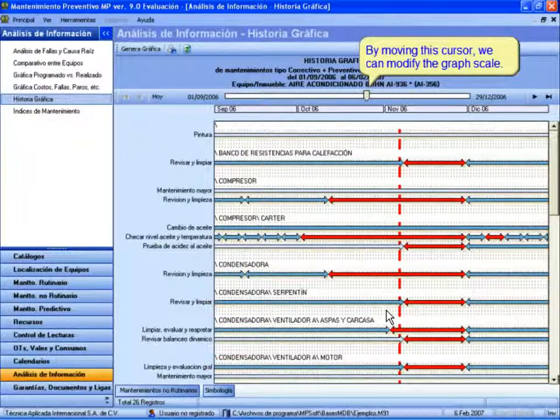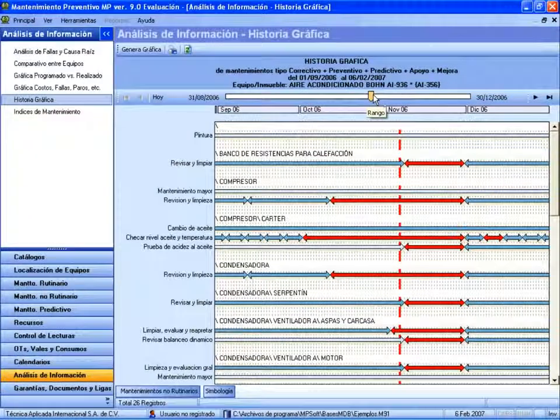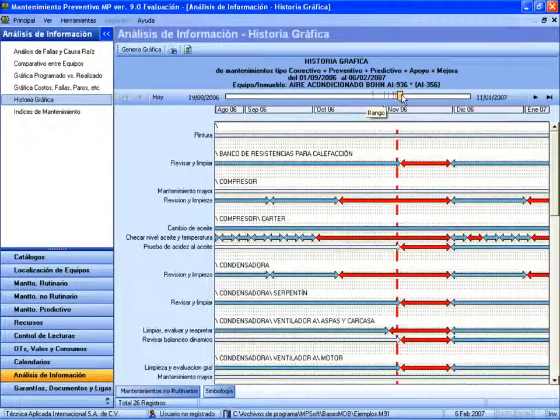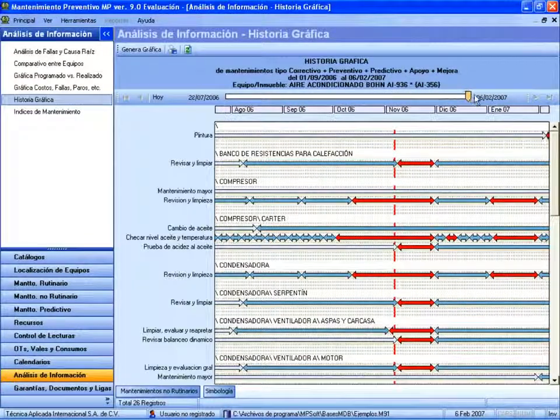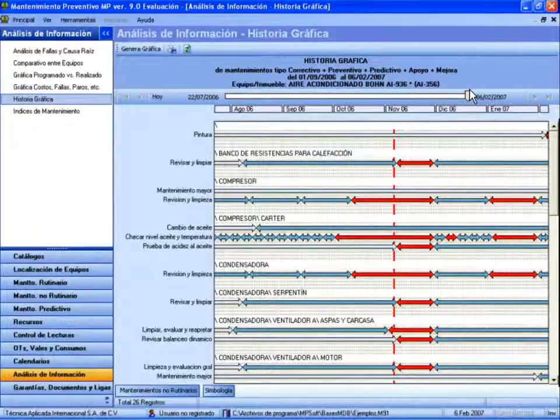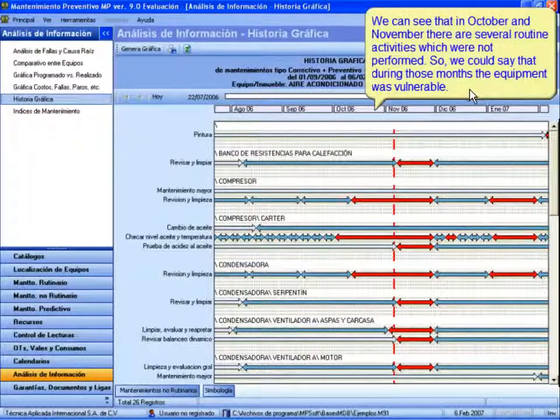By moving this cursor, we can modify the graph scale. We can see that in October and November there are several routine activities which were not performed. So, we could say that during those months the equipment was vulnerable.